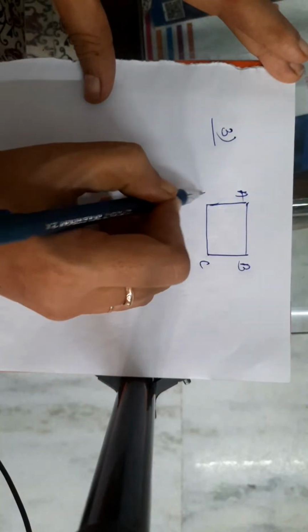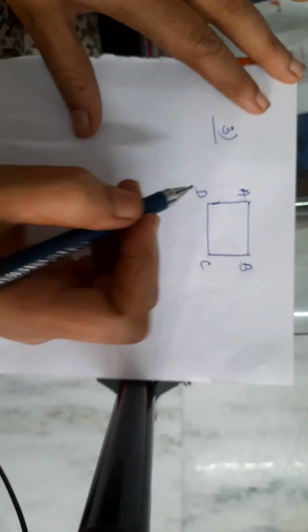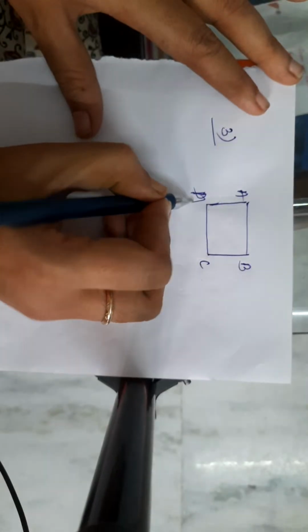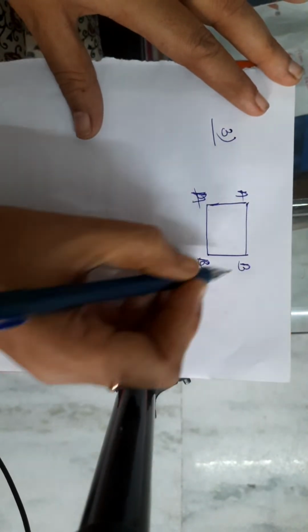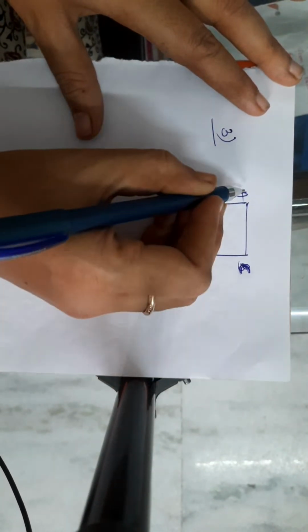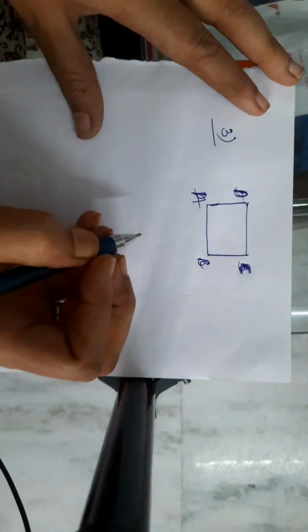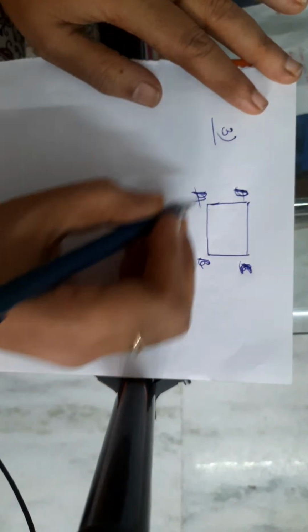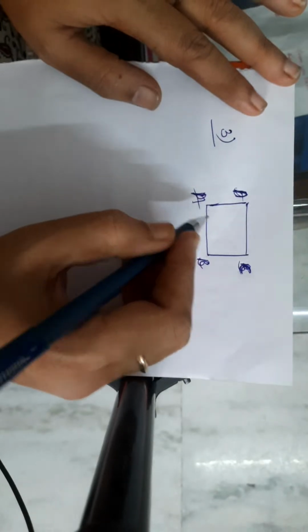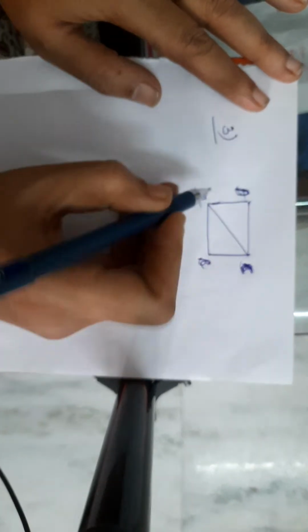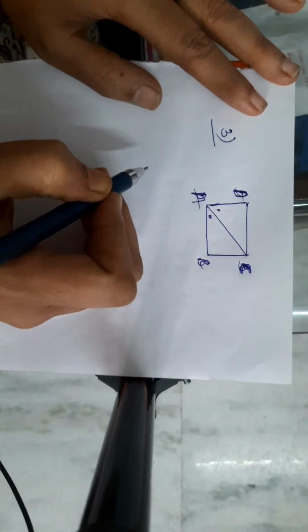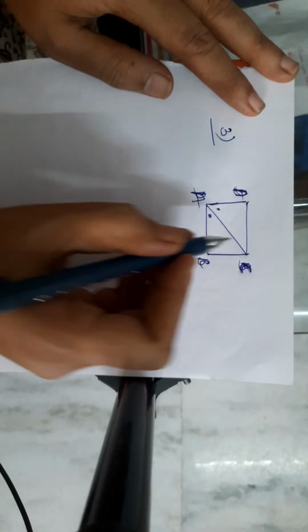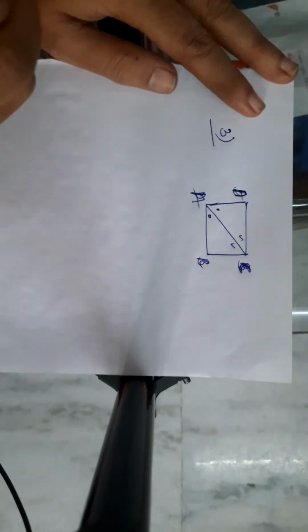In the figure they started with A, B, C, D. The figure is already given, so follow that labeling. In figure ABCD, diagonal AC bisects angle A. This is given. We need to prove that it will bisect angle C.